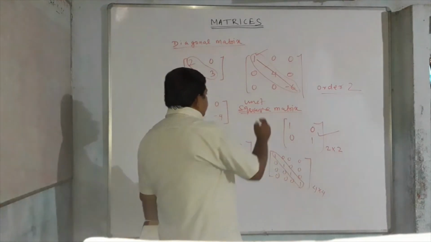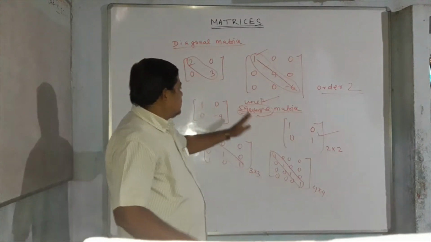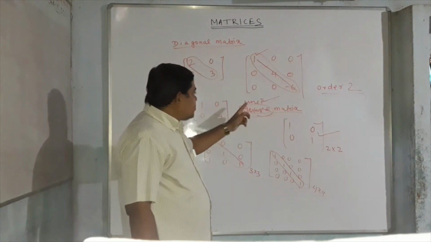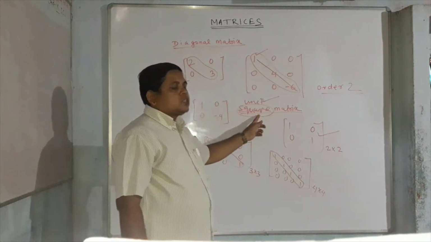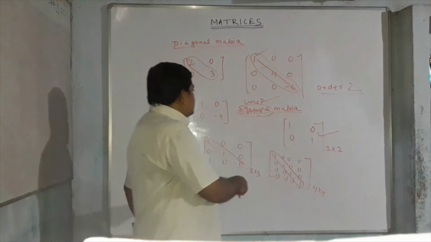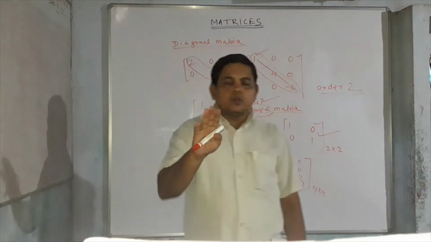Now all unit matrices are square matrices. Unit matrix is a square matrix, but all square matrices are not unit matrices. Square matrix means the number of rows and the number of columns are the same.